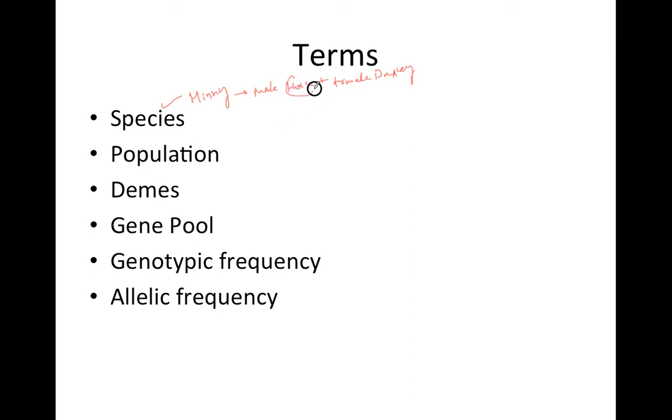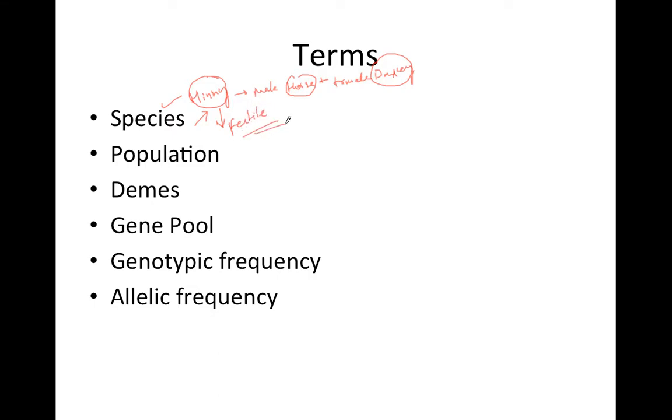So horse is one species, donkey is another species, but they can produce something called as Henny, which is a hybrid. And all these three are not same species. Which means what? That a group of organisms that should be able to interbreed and produce offspring, but that offspring should be fertile.